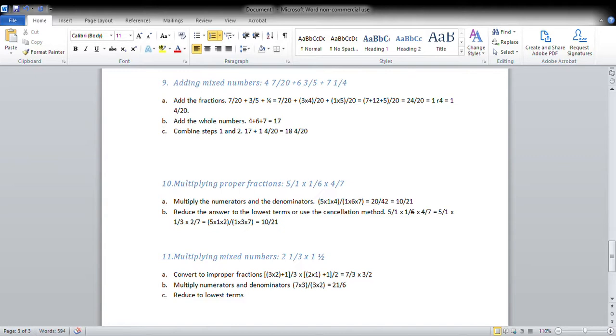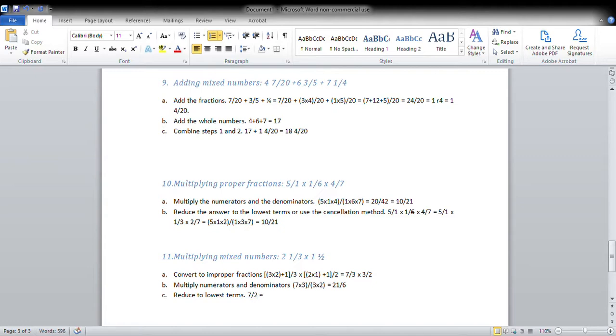We know that 21 and 6 are each divisible by 3, and again, we know this by inspection. In other words, just looking is something that we know. So 3 divided into 21 is 7, and 3 divided into 6 is 2.